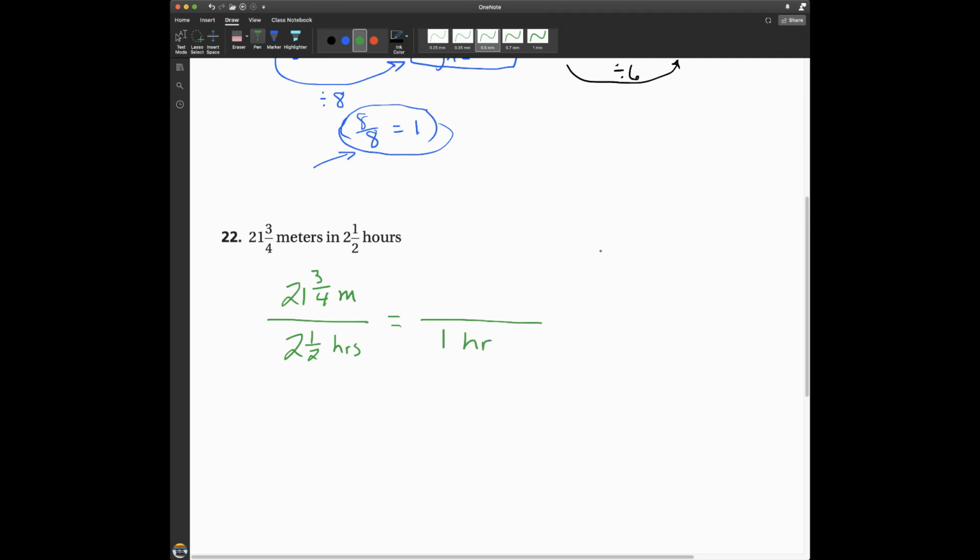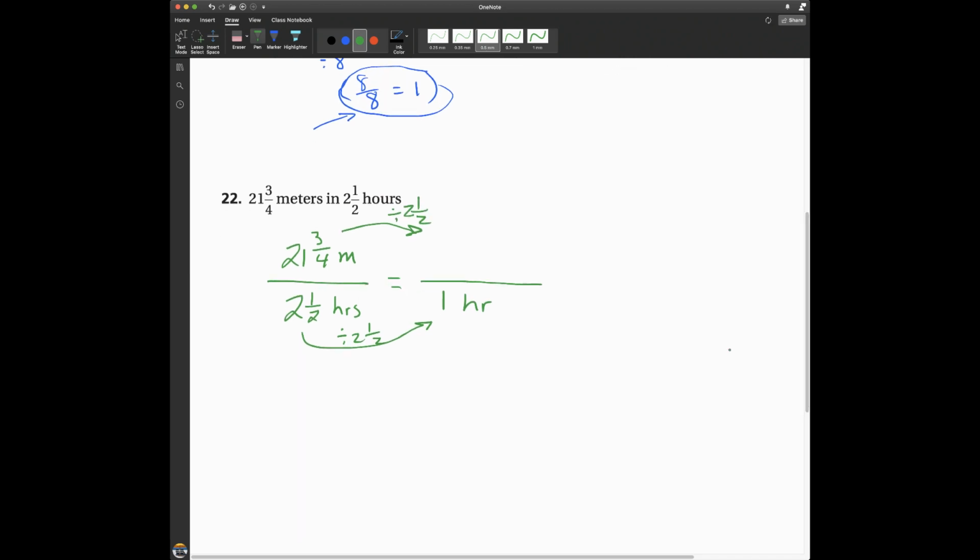How many meters do we travel in 1 hour? So to go from 2.5 to 1, I need to divide by 2.5. Any number divided by itself is 1, which means I need to divide my numerator also by 2.5.